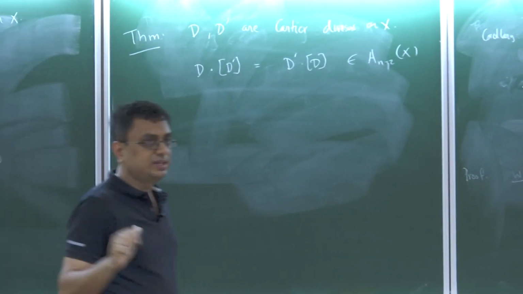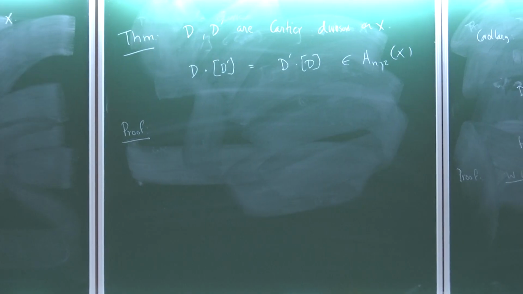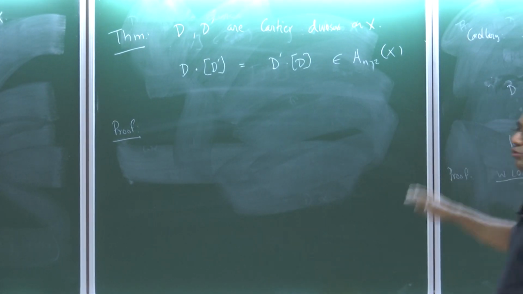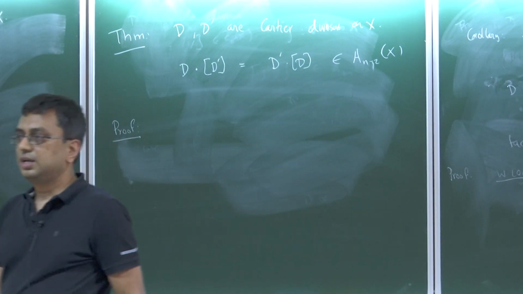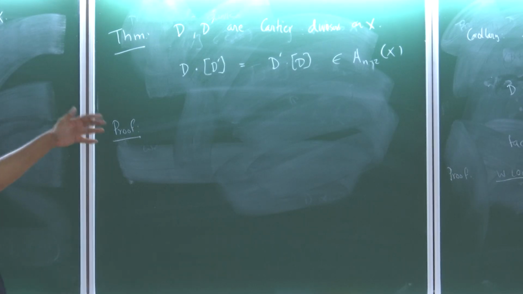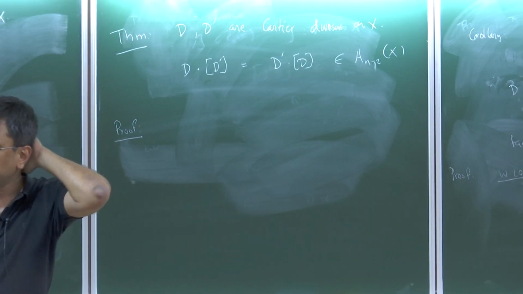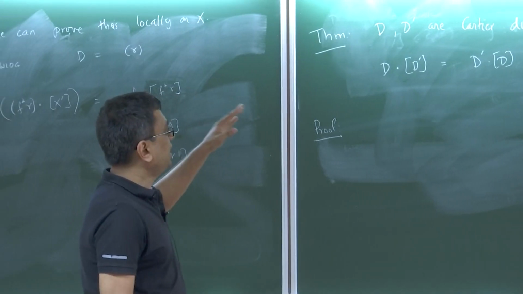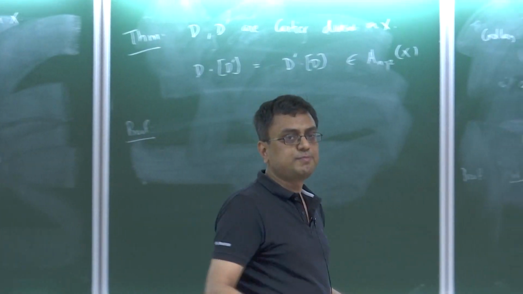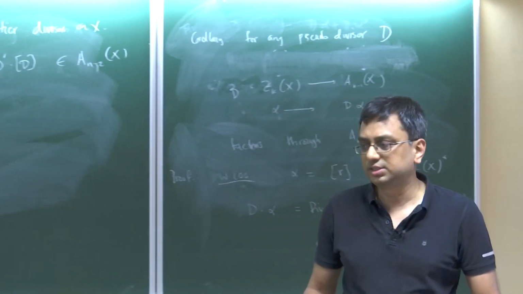So the first thing is a reduction. Finally we want to reduce this case to commutative algebra. Of course I can assume X is affine, but by commutative algebra I mean it would be good to have D and D prime defined by actual elements of my ring, so then I can take quotients and things like that.